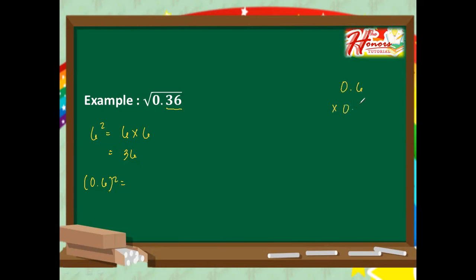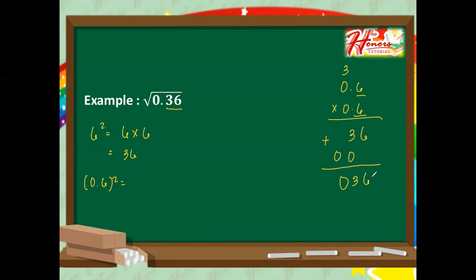0.6 times 0.6. 6 times 6 is 36. 6 carry 3. 6 times 0 is 0 plus 3, that's 3. 0 times 6 is 0. 0 times 0 is 0. And then add. Bring down 6. 3 plus 0 is 3. Bring down 0. And then count the digits after the decimal point.